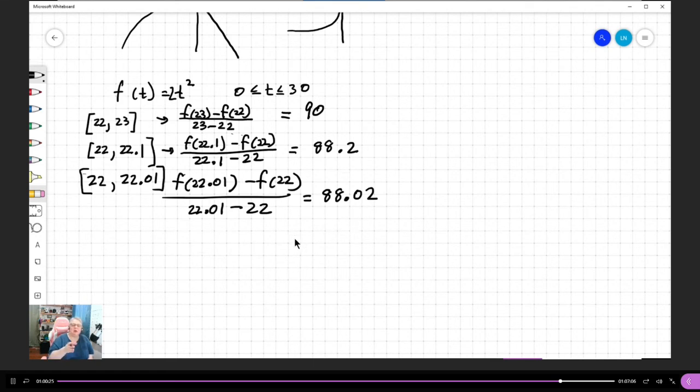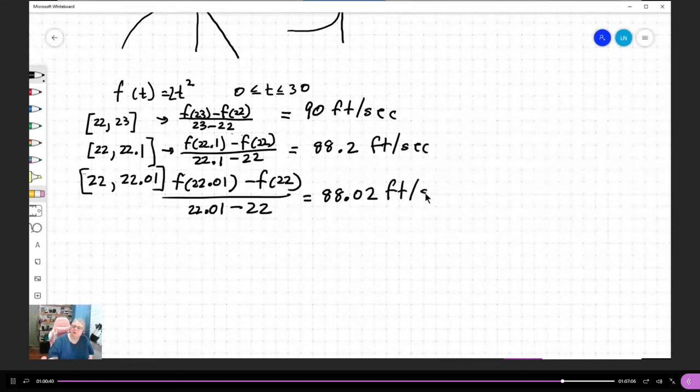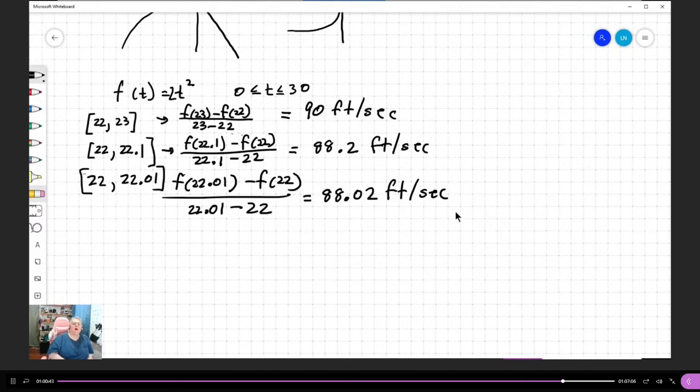Now the car is moving in feet. The time is measured in seconds. So each one of these is feet per second. I can verify my supposition by taking a look at the actual speed at 22.